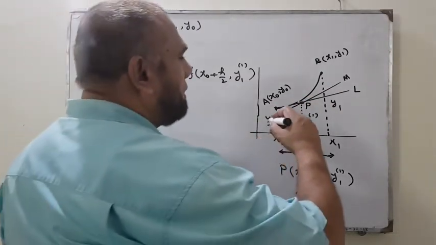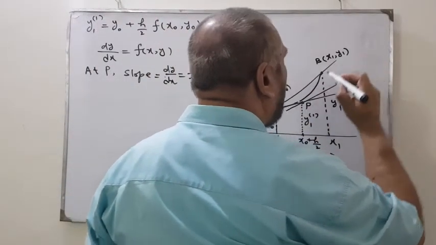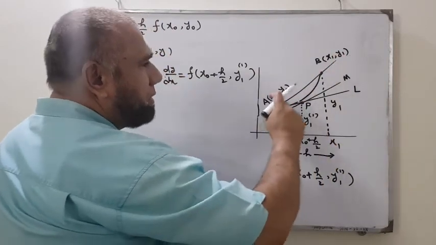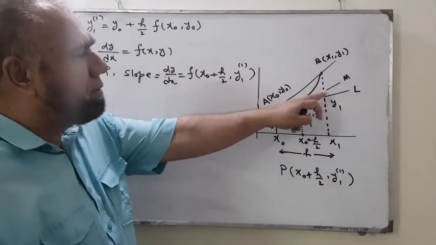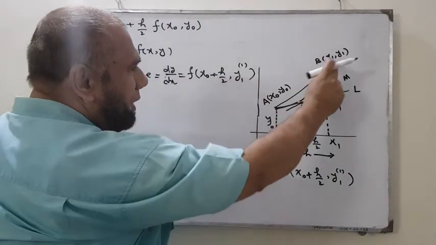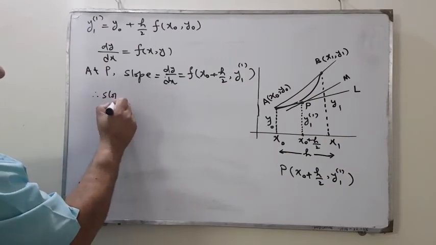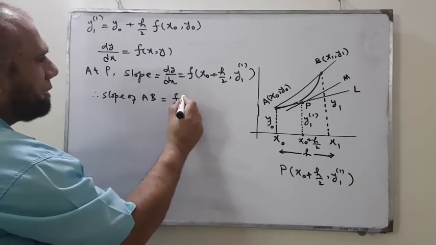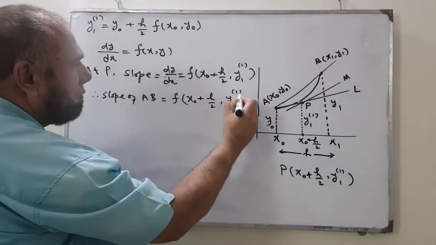Now we draw another line through the point A, going like this, and we assume this line AB is parallel to PM. If AB is parallel to PM, then AB has the same slope as PM. Therefore, the slope of AB equals f of x0 plus h by 2, y11.